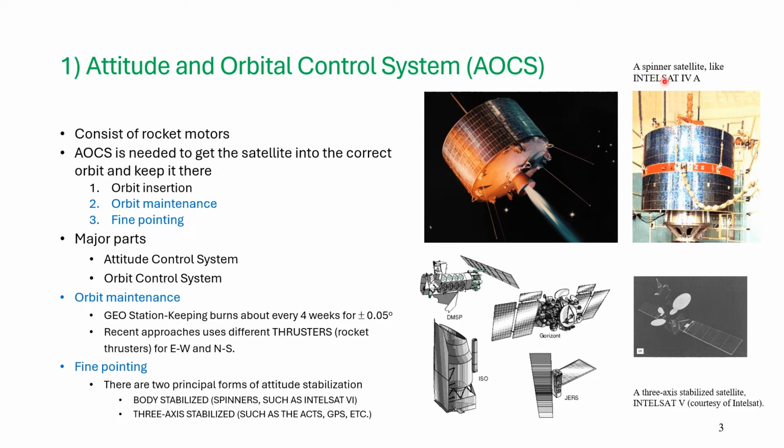An example of that is the Intelsat, and also here we have Intelsat 5. So these are different types of satellites: the body spin or the spinner, because it spins, and the 3-axis because it clearly extends in different axes.